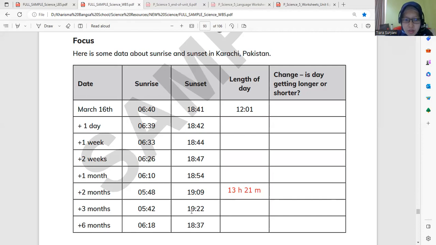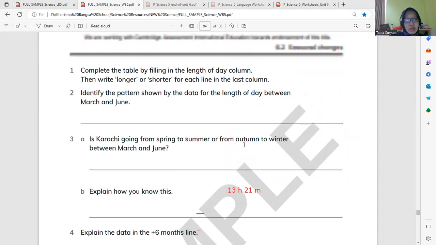So what about the others? Yes, we have to add 60 first to the sunset minutes because it's not enough to be subtracted by 42. But what about plus 6 months? It doesn't have to be added by 60 because 37 subtracted by 18 we can still do without borrowing. Do you understand? Hopefully you understand.